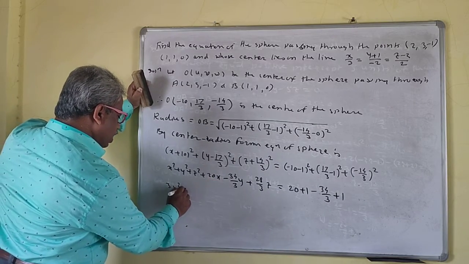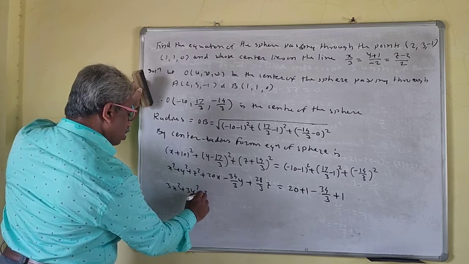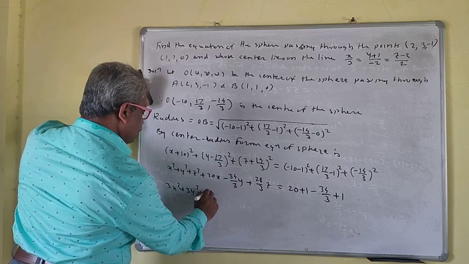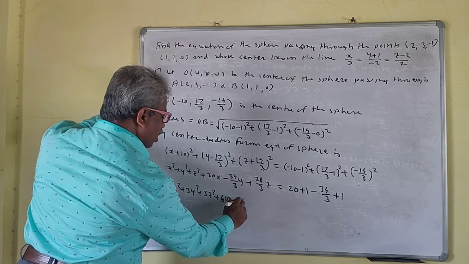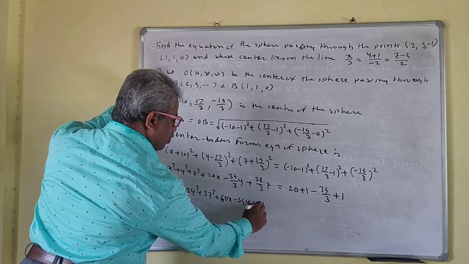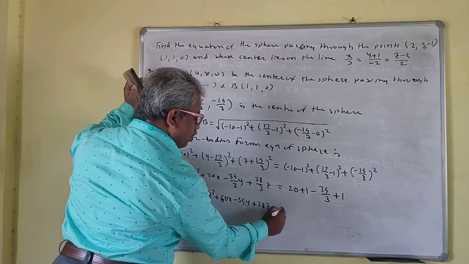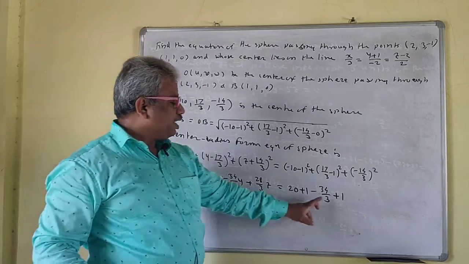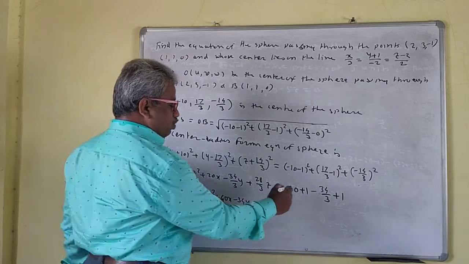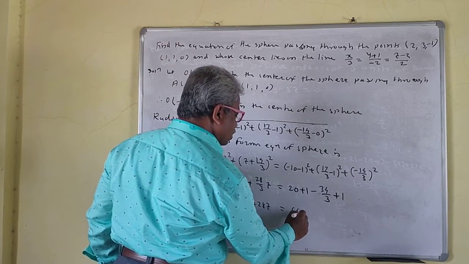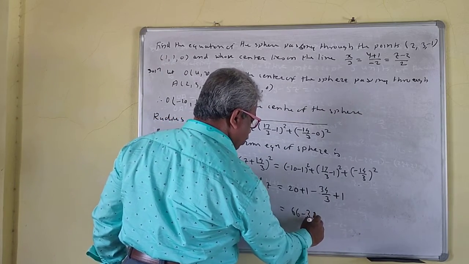So this is 3x square, 3y square, 3z square plus 60x minus 34y plus 28z is equal to 22 into 3. 22 into 3 is 66 minus 34.